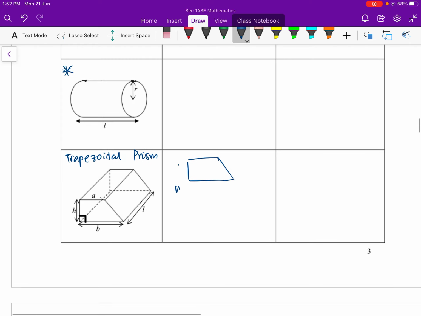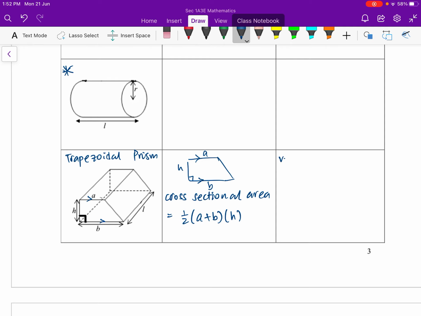Put in the different lengths that are given, A, B, H. This is for the cross-section. So the cross-sectional area is given by half times the sum of the parallel sides, A plus B, times H. It wasn't indicated in your notes, but these are parallel lines, so that's why it is a trapezium.